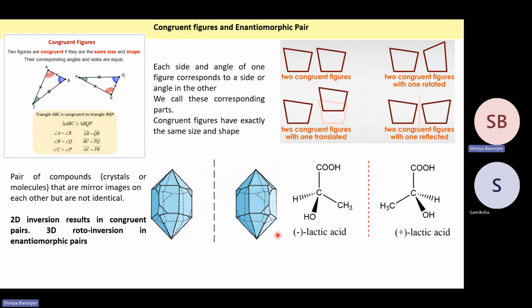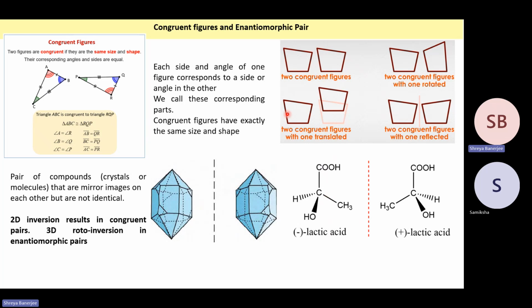That is like a rule. In this carbon, you have 4 different groups attached to it, so this is a chiral carbon. In this entire molecule you have only one chiral carbon, but that is enough to make the entire molecule chiral. This is on the basis of chirality, not on the basis of congruency.